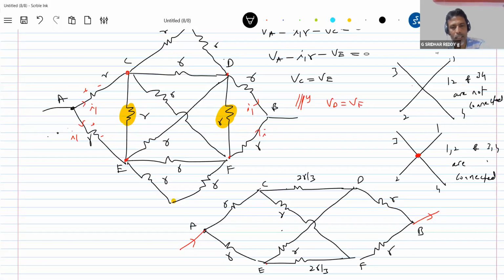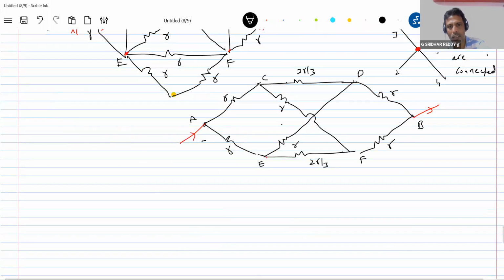Because that is the only alternative, I'll apply voltage across A and B. I'll find an expression for the current through it. For that, I need the potential at C and D. So here I'll assume the potential equal to V. Let's come directly to this one.